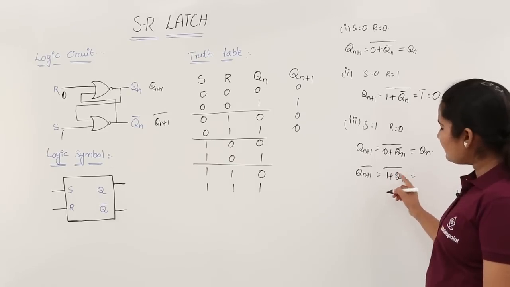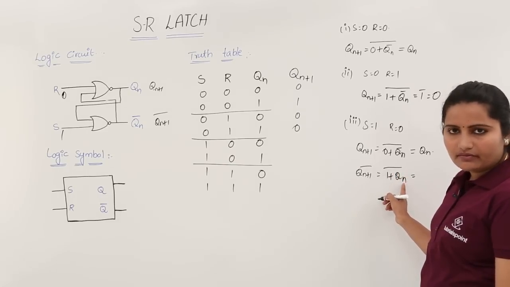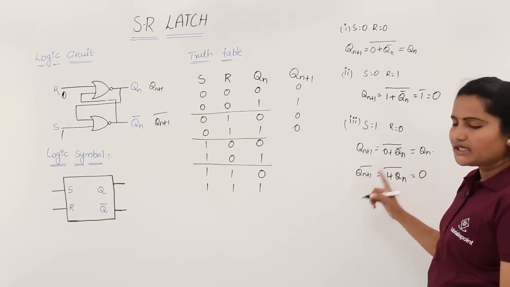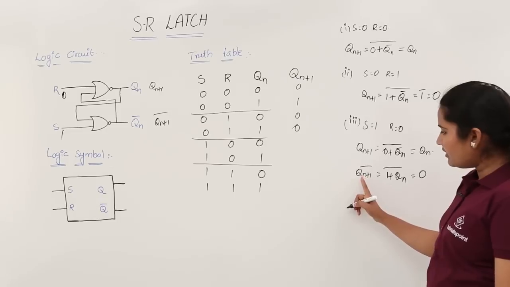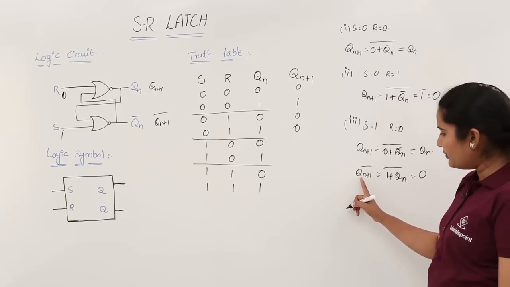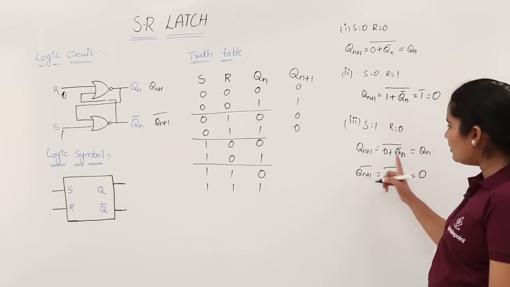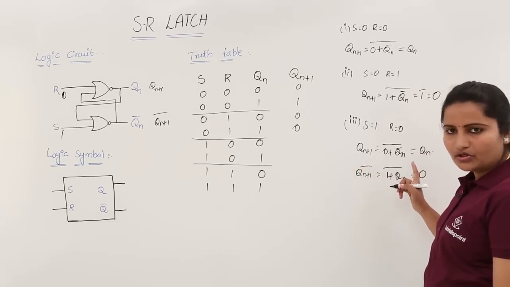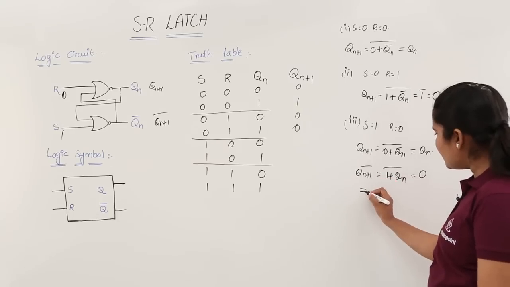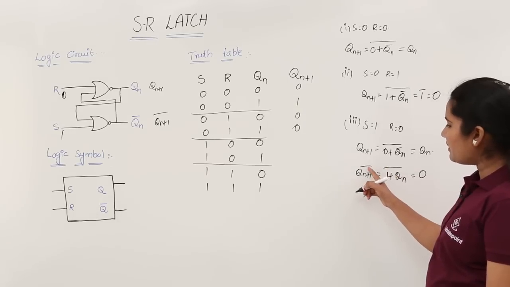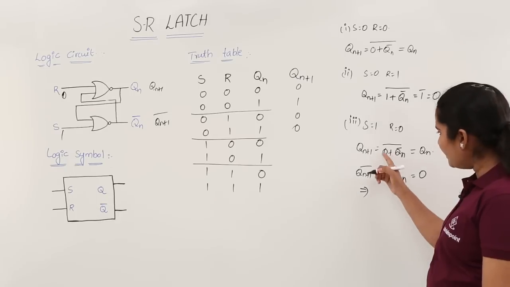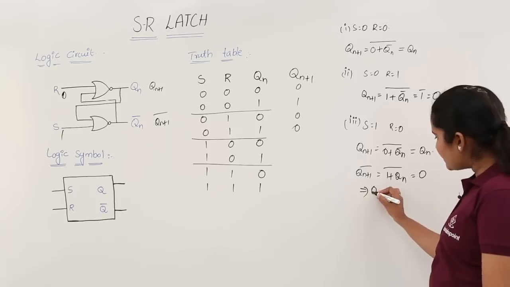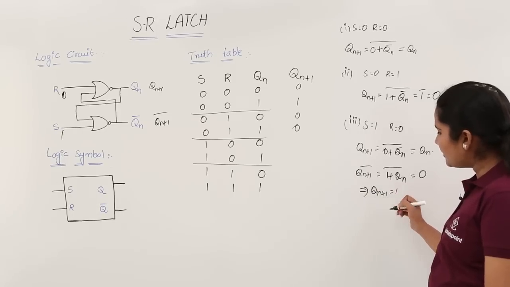You know 1 plus anything is equivalent to 1, and 1 bar is equivalent to 0. So by this analysis, Qn+1 bar is equivalent to 0, and obviously Qn+1 is equivalent to 1. So if Qn+1 bar equals 0, definitely your Qn+1 here is equivalent to 1.